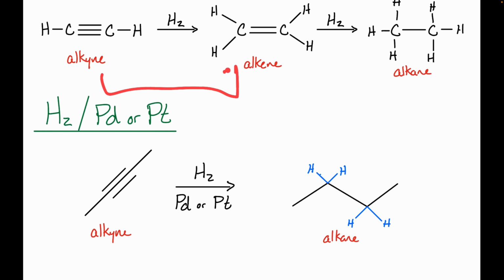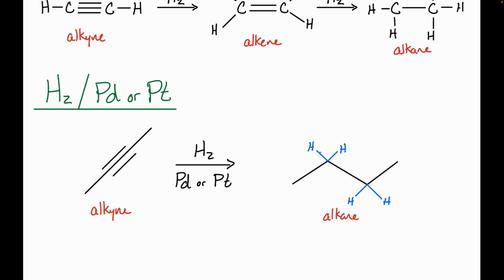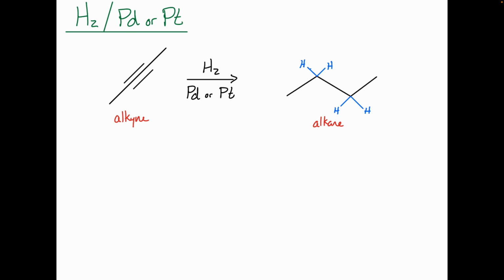All right, but what if I really want to stop here? What if I really want to stop at my alkene product? I don't want to reduce all the way to an alkane. Well, you're in luck. We got ways to do it. The first is what they call poison catalysts, meaning they're catalysts that aren't as great. And the first one is what's called Lindlar's catalyst.